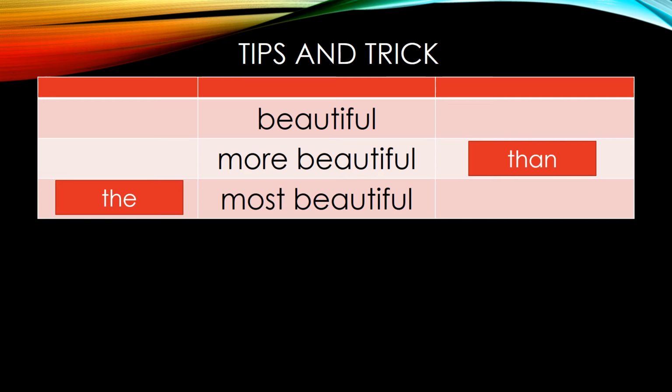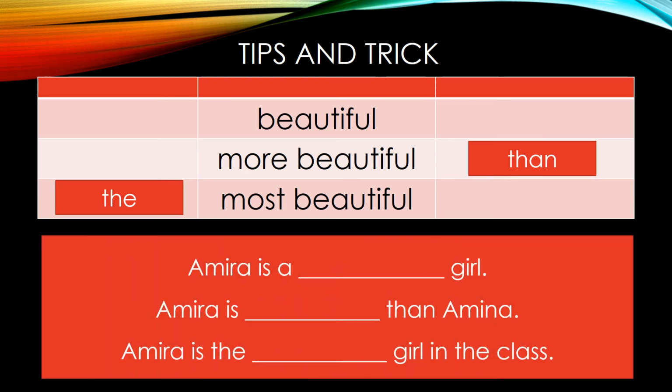Okay, so now let us take a look at some examples of sentences. Amira is a girl. Same as the previous example, there is no keyword like then or the, so you have to use the root form of the word. For example, Amira is a beautiful girl. Next one, Amira is then Amina.